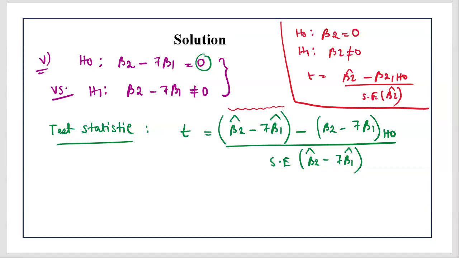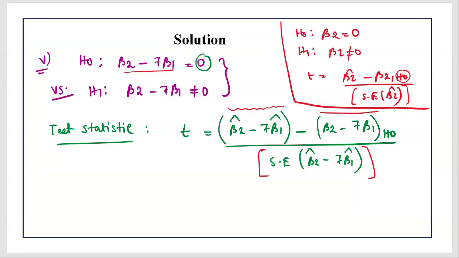Firstly, you write all the estimated values, beta 2 cap and beta 1 cap, minus everything under H naught, which will be 0 here. Under that, in the denominator, you have the standard error of this entire expression. Beta 2 cap and beta 1 cap were already found in the first part of the question, so all you need to do is find the standard error.